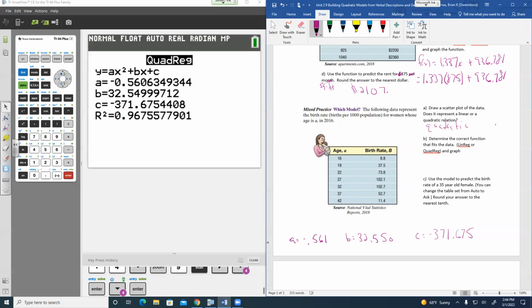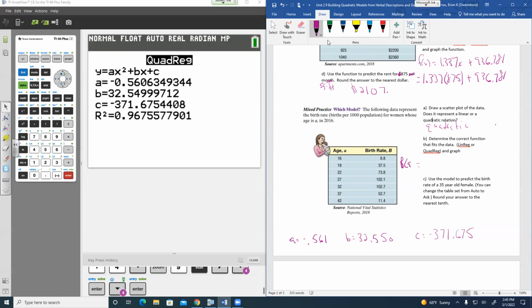So if I have that going on, my function is going to now be f of x equals, or actually you could say f of a here, or even better yet, if you want to get real cute with it, we could be using b of a if we wanted to, where b stands for births and A is the age.